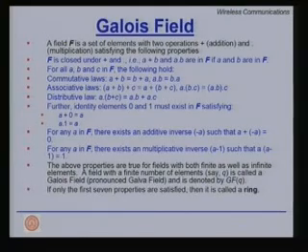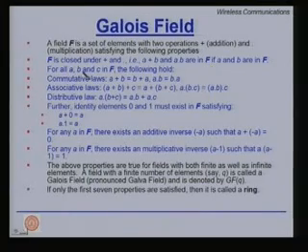We know that a field F is a set of elements with two operations, addition and multiplication, and the elements satisfy the following 8 properties. First of all, F is closed under summation and multiplication, that is A plus B and A times B are contained in the set.